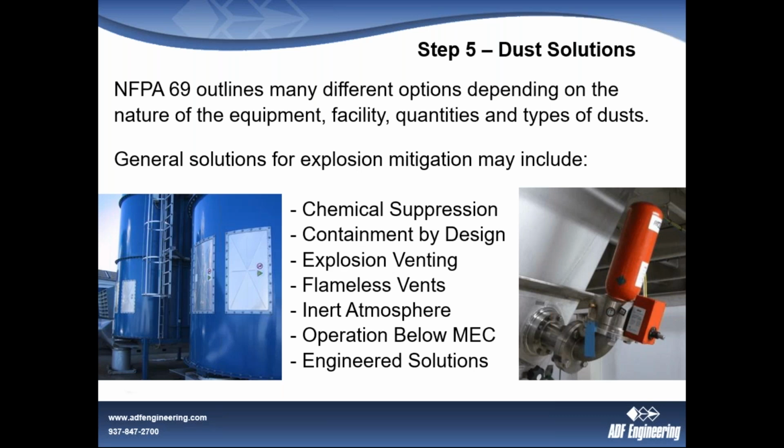You see here a picture of an explosion suppression bottle. Flameless vents are another very good option if you have a dust collector or some other vessel indoors where you need to have an emergency vent, but you don't have the option to take it outside.